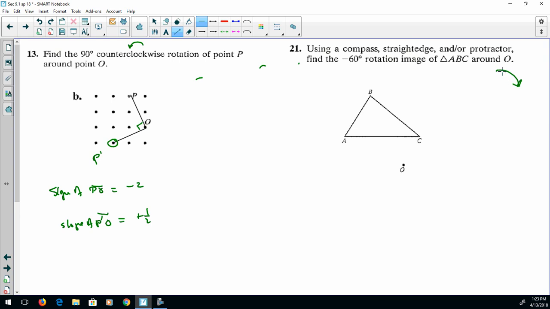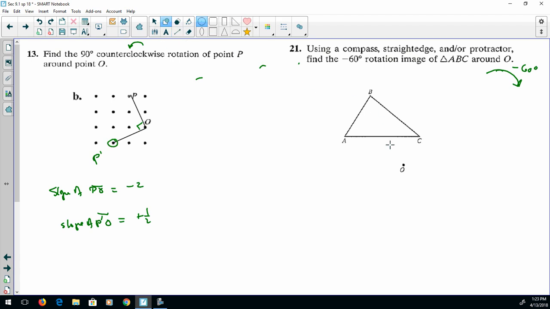Okay, here's the way I like to do this. When you rotate something around a point, the rotated image, the rotated points are going to be the same distance as the originals. So I'm going to draw circles centered at O. I'm going to go through point A. Okay.